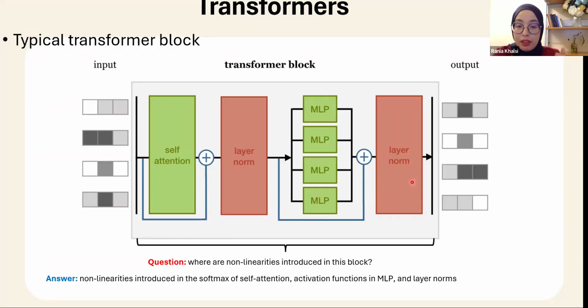Also, we can say that layer normalization contributes to nonlinearity, transforming the representation in a nonlinear way. So normally in a transformer block, the nonlinearity comes mainly from self-attention, the activation functions there, the MLP component, and the normalization operations. Okay.